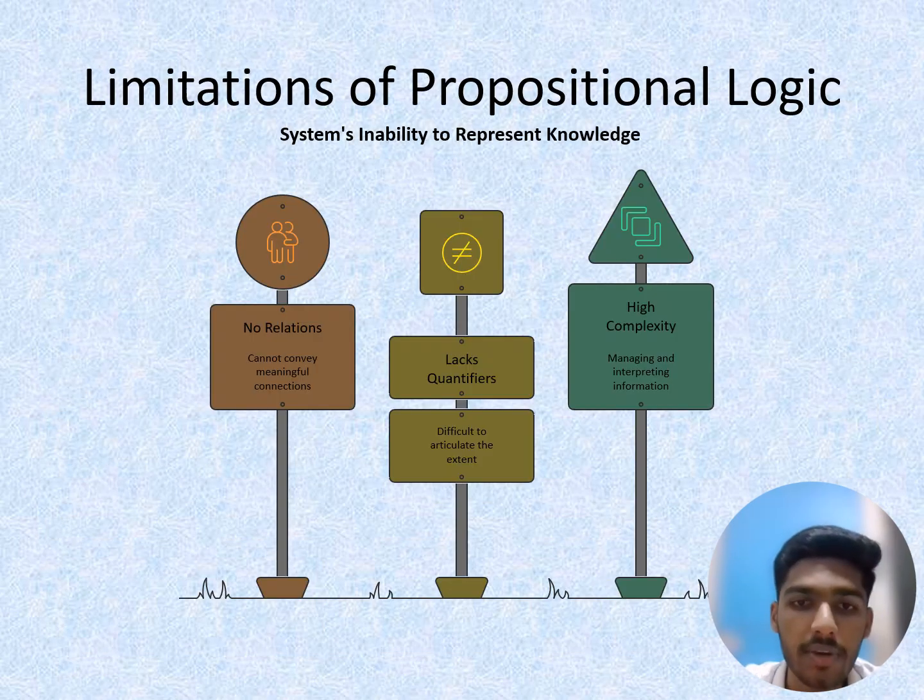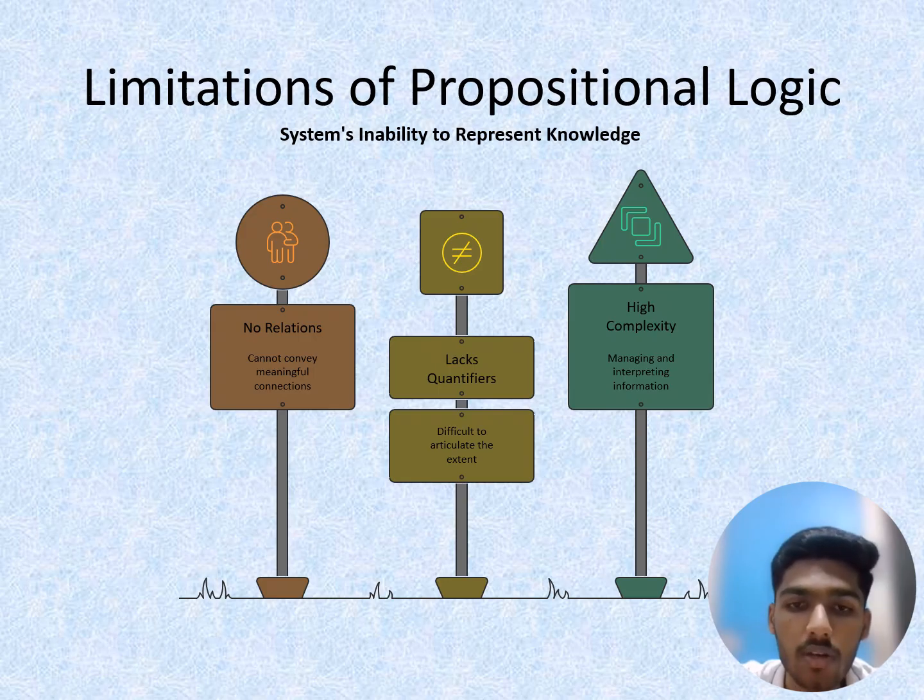Let's see the limitations of propositional logic. This seems great, but propositional logic has a massive weakness, which these slides illustrate. It's too simple. It can't understand the content of a statement. It can't talk about objects or relations. It lacks quantifiers, so I can't write a general rule like all humans are mortal.